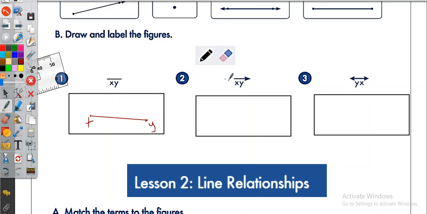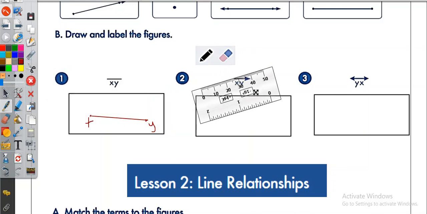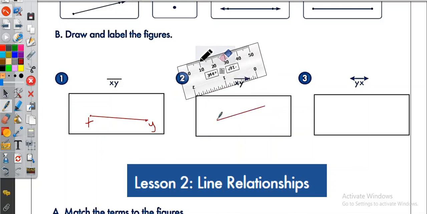What about this one? This is a ray. So you bring a ruler again, draw a line. This is a start point X and this is Y with this direction.